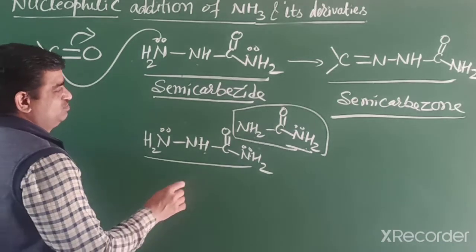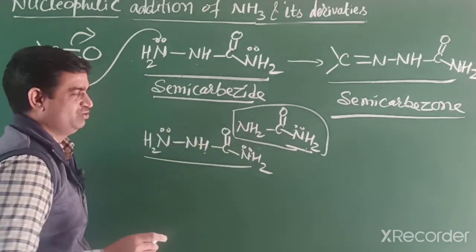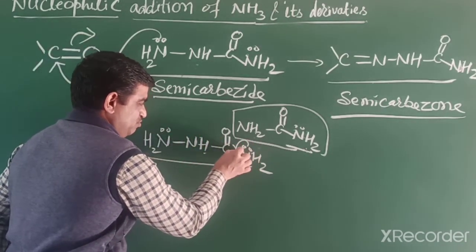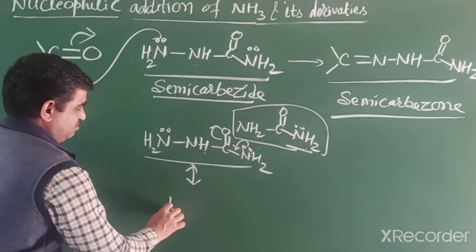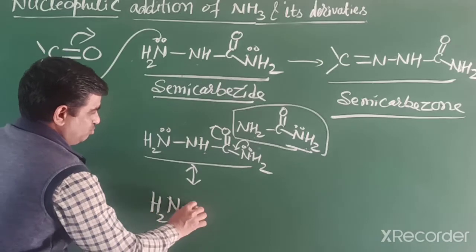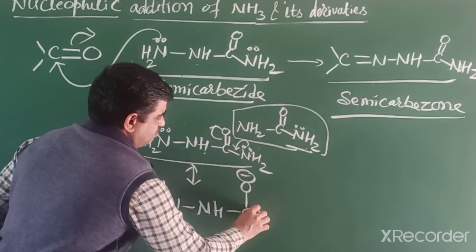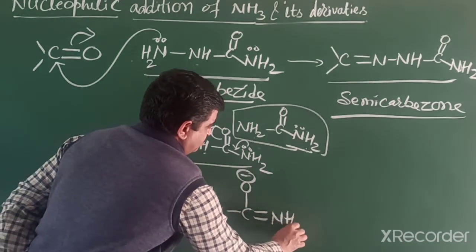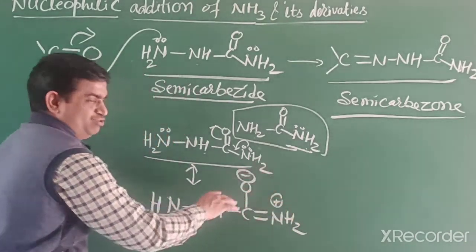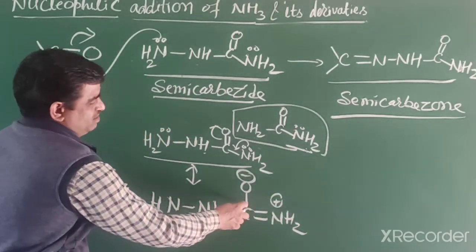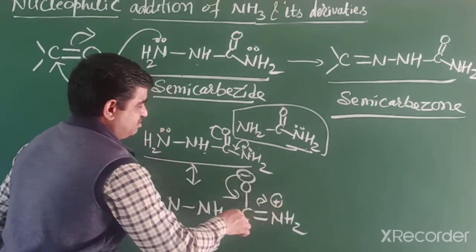The answer is that this NH2 is in conjugation with the nearby carbonyl group, so its lone pair moves toward this side and shows resonance. Due to this, the nitrogen becomes positively charged because its lone pair moves toward the carbon side and the pi electrons move toward the oxygen side.